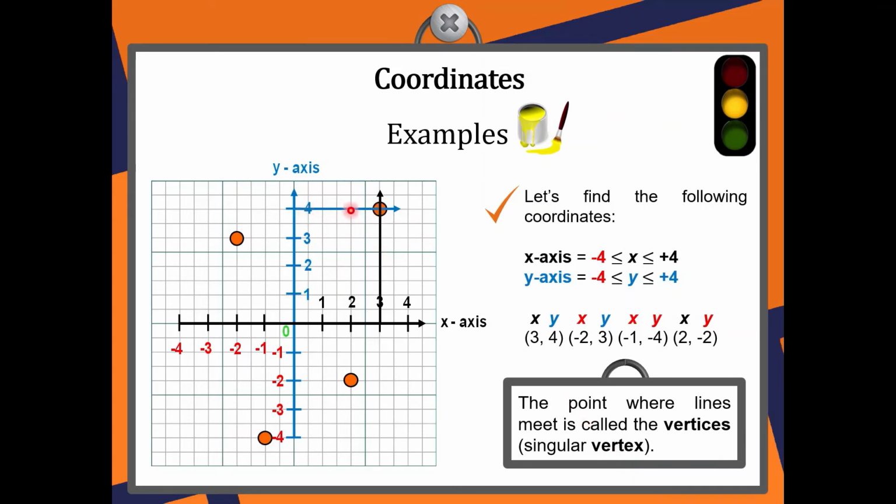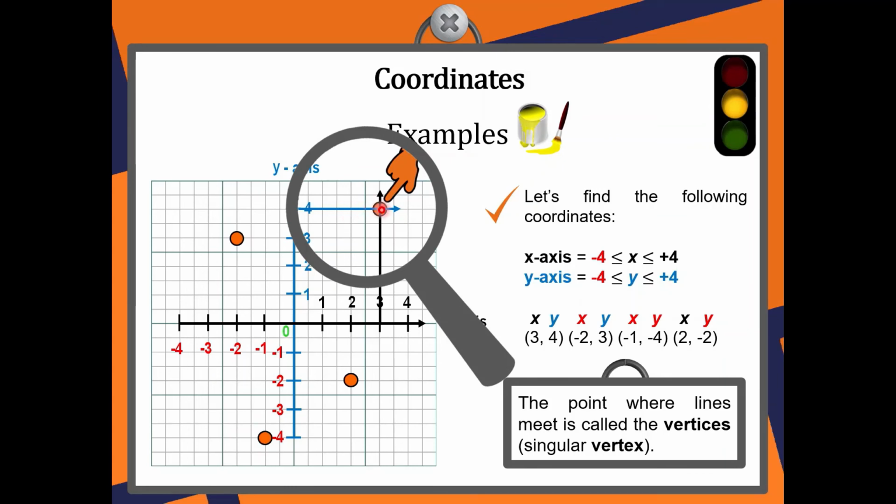We could see the lines from the arrows meeting. Where they meet, that is the coordinate that we have to find, as we did before. And the name of where the lines meet, as the arrows showed, is called vertices in plural, and singular vertex. It's right there.